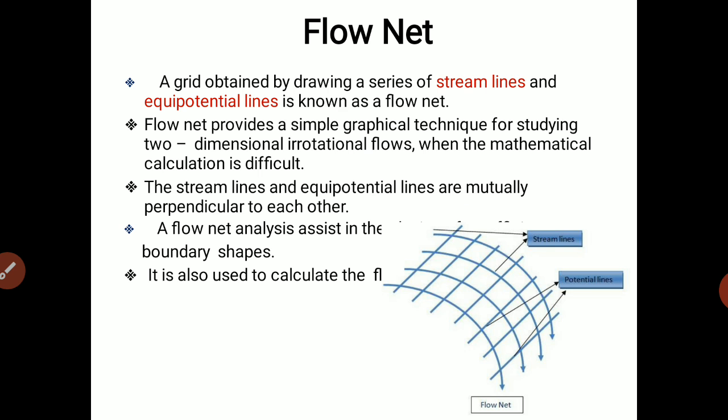Whatever the next part is, we'll see in the second session. This is the basic idea for describing the nature of flow. In the second session, we'll see the actual mathematical ways to calculate the velocity and discharge of the flow. Okay. Thank you.